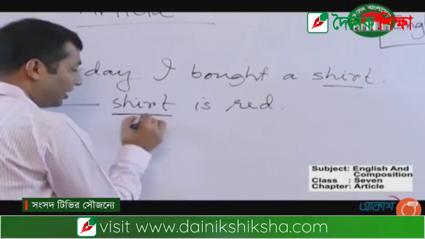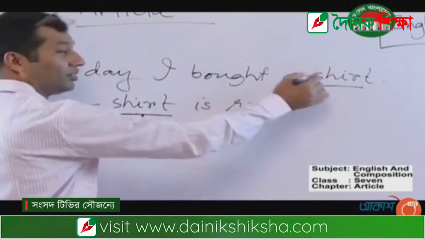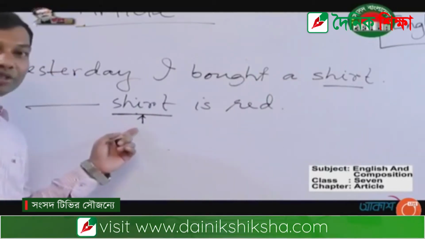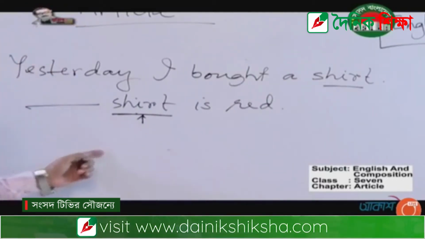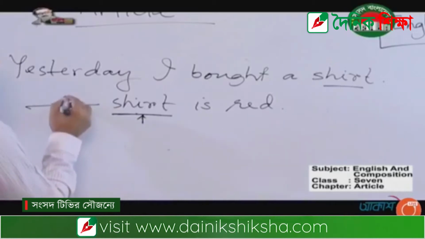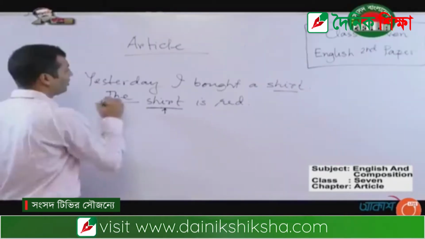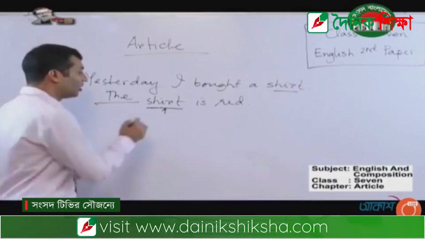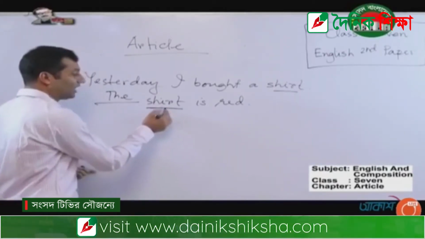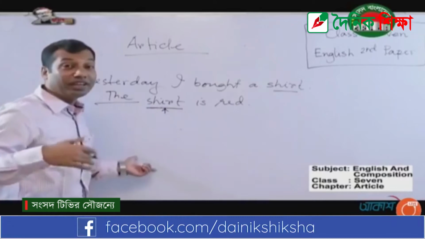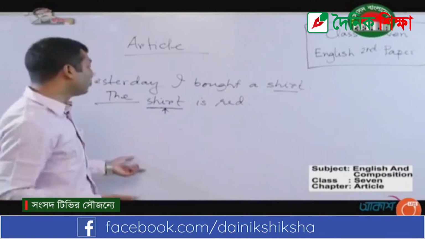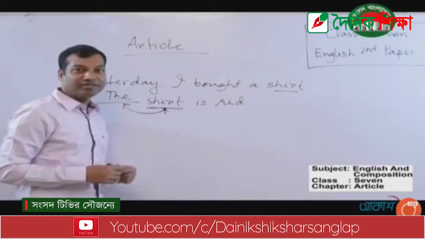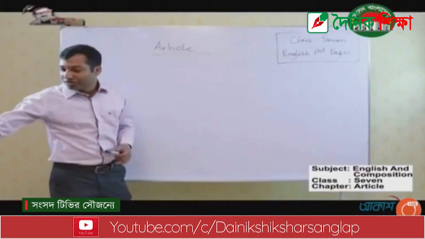So this word is already referred. This is the second time. When we use the same noun for the second time, we need to use the article the. Because when I am using this word for the second time, it becomes definite, so we need to use the article the. Understand? Now come to the next rule.